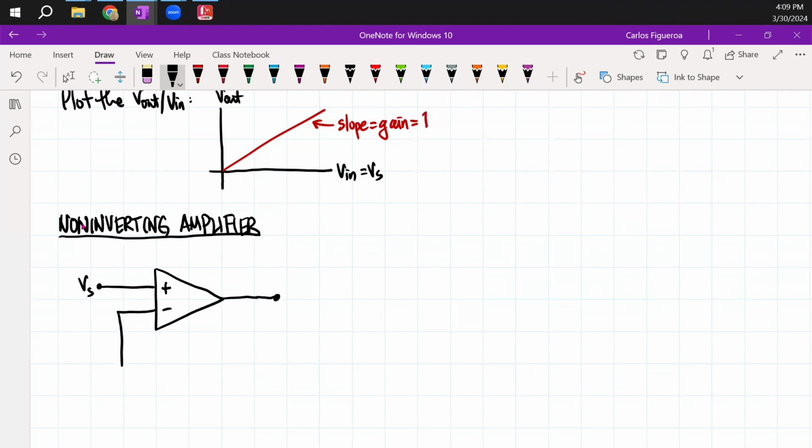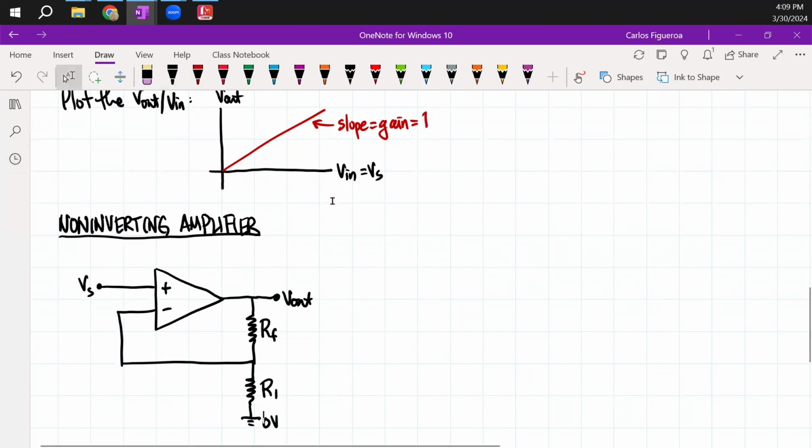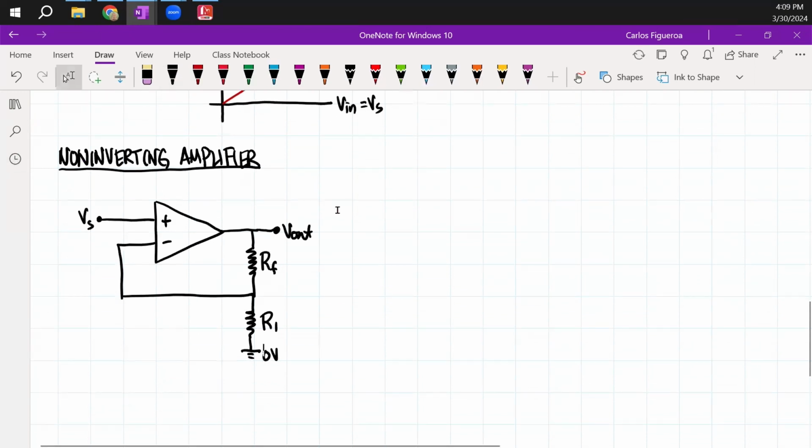I'm going to have some output, but then I have some resistors. And then this guy's connected to the ground, of course. And here, this is RF, which is the feedback resistor. And this is R1.